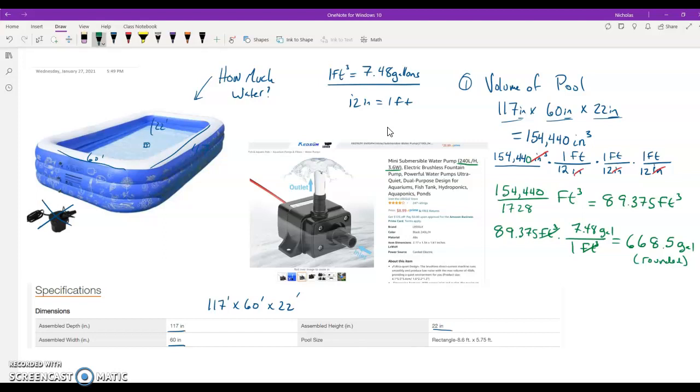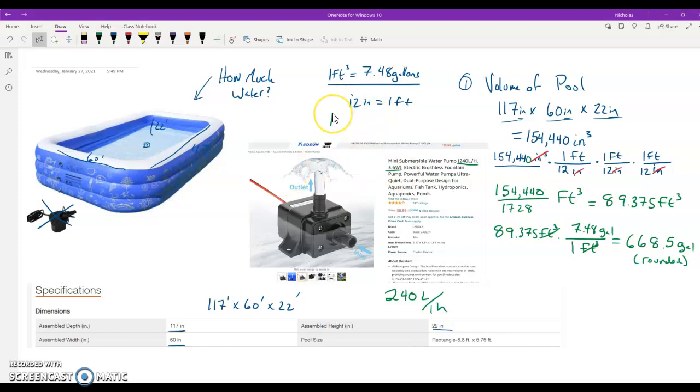When I look at my pump, it tells me that my pump works at this rate right here. And this rate tells me that it's 240 L per H. So that would be 240 liters per 1 hour. But wait, I'm over here in gallons. So I probably need to know the relationship between gallons and liters.